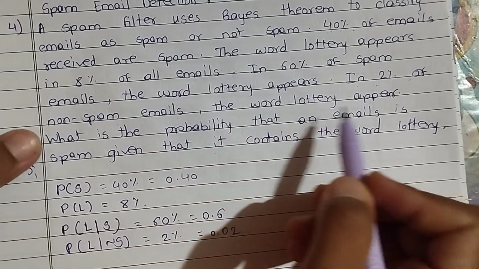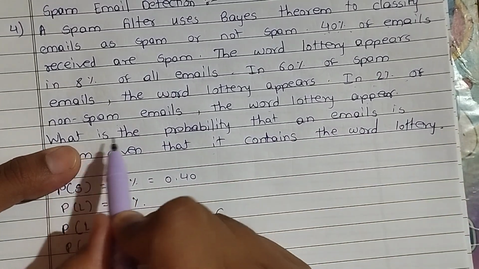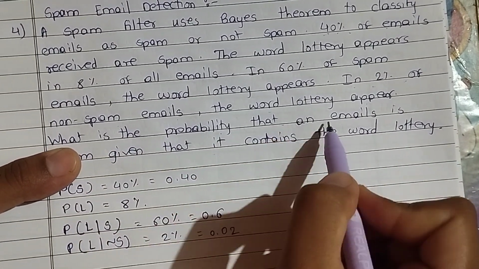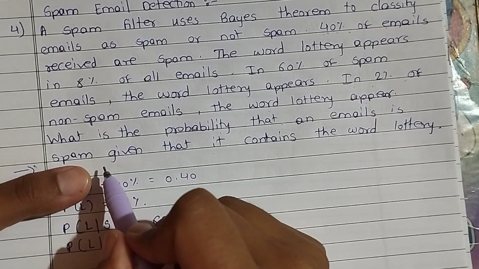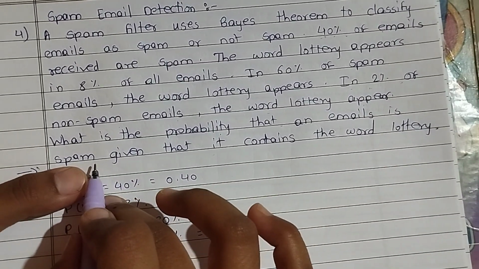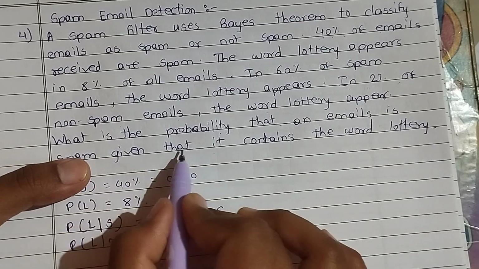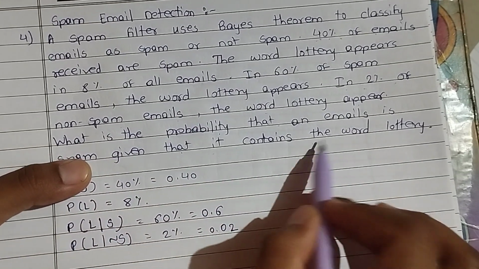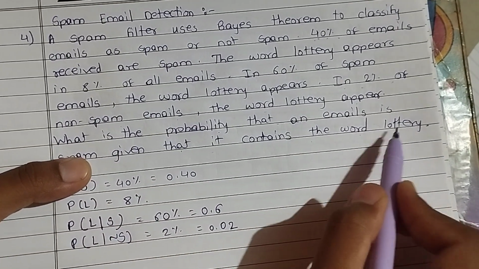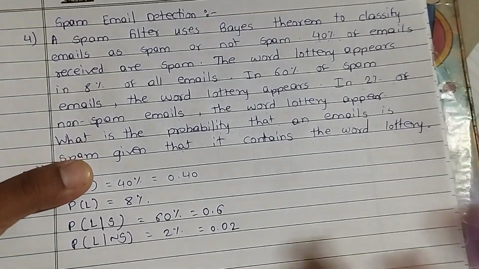Now what is the probability that the email is spam? We want to find the probability that the email is spam, given that it contains the word lottery. So what is given? The word lottery.